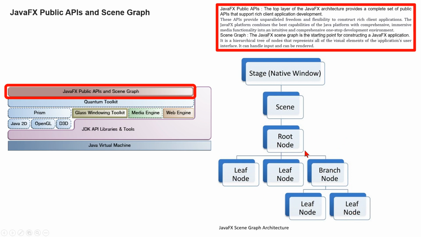The root node is the only node that doesn't have a parent, and is directly contained by a scene, which can be seen in the figure here. The difference between a branch and a leaf is that a leaf node does not have children.